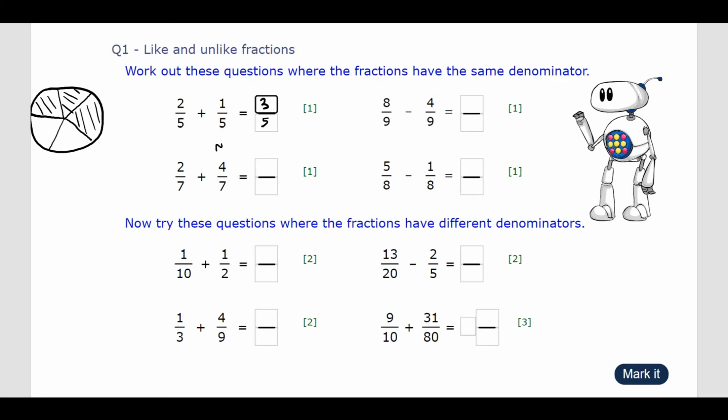It would not be 3/10, that would be wrong. So it is 3/5. For the second one, we have 8/9 take away 4/9.